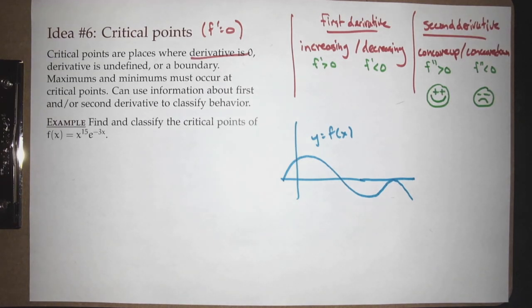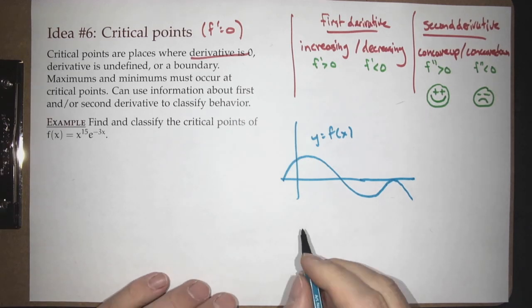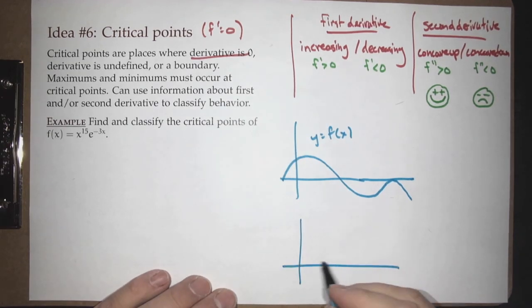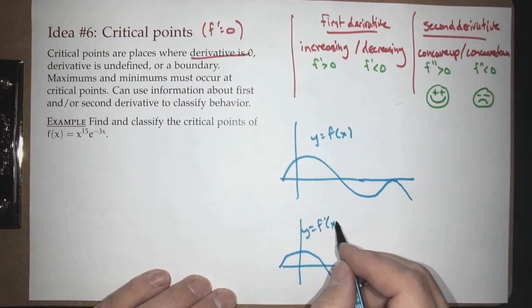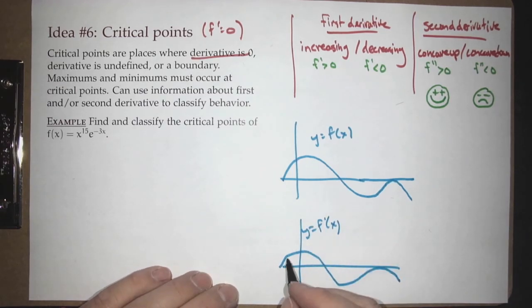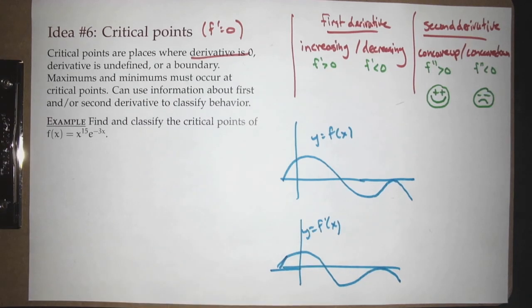So critical points, where do I tend to think of critical points as being? Now be careful. I drew here y equals f of x. I could have sketched something similar and said y equals f prime of x. Can you recognize the difference?